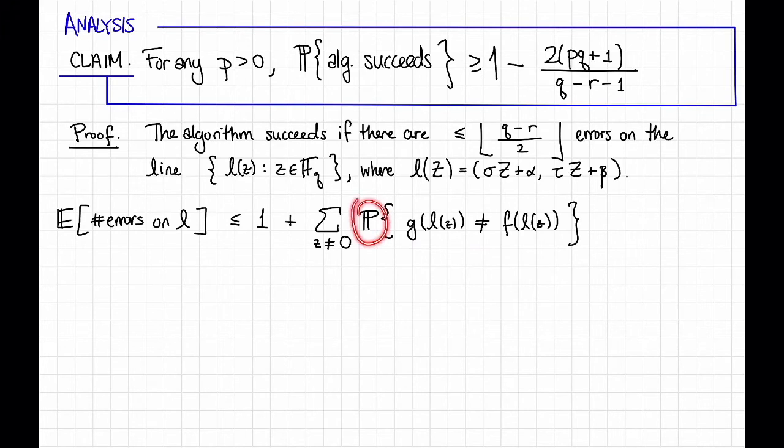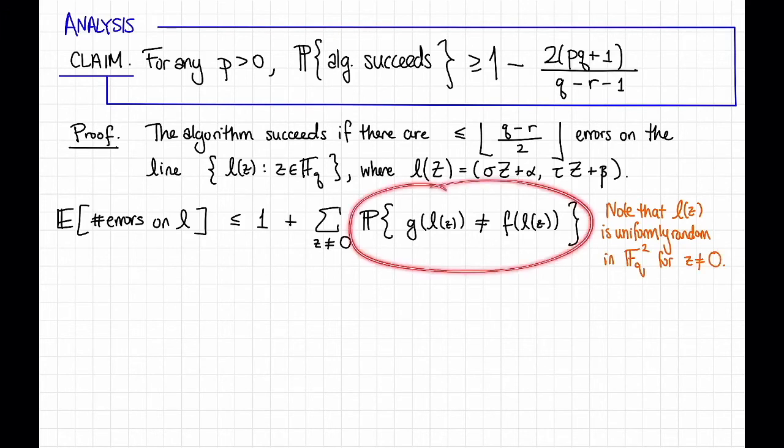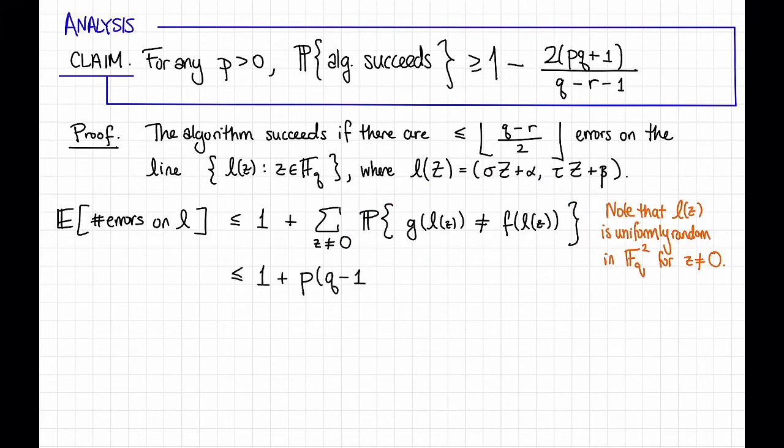Here, this probability is over the choice of L. Since L is random, that means that for any z not equal to 0, this point, L of z, is also uniformly random in F_q squared. Therefore, the probability that this occurs is at most p. So the expected number of errors on L is at most this.